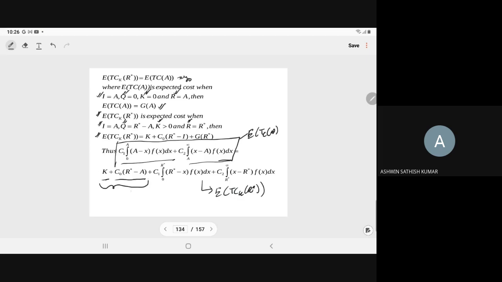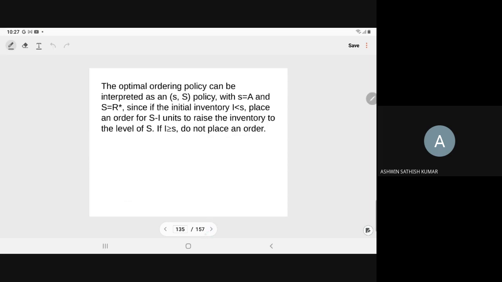This is the procurement cost, this is your holding cost, and this is your shortage cost. When we are not placing an order, we have only the holding cost and the shortage cost. So using this equation, we determine the value of A.